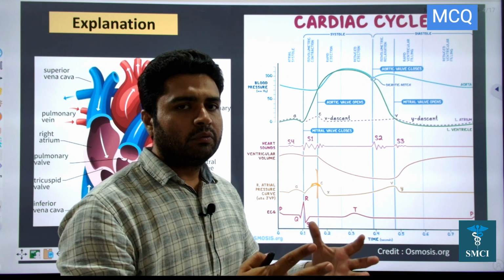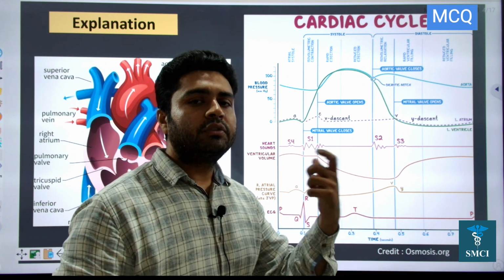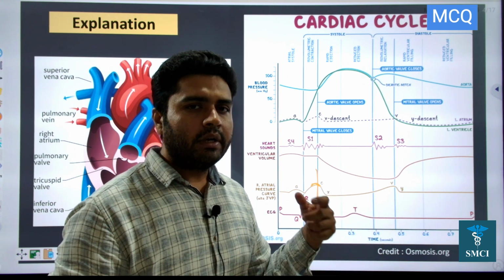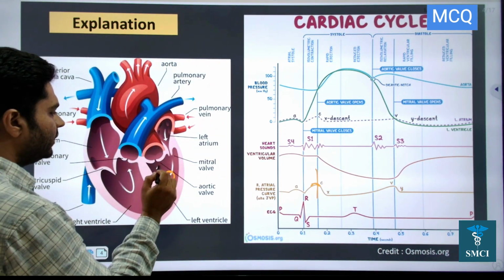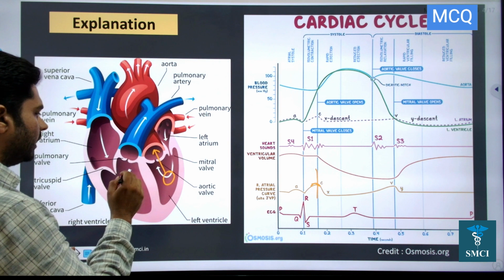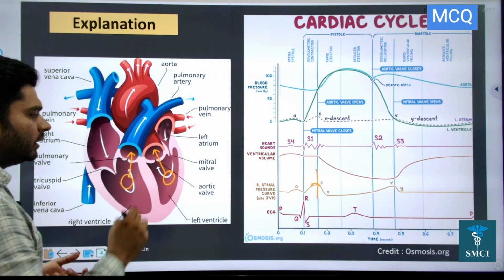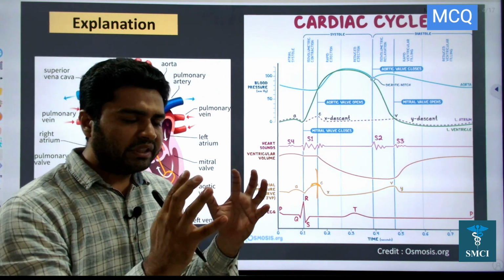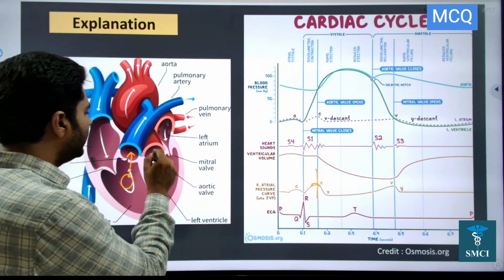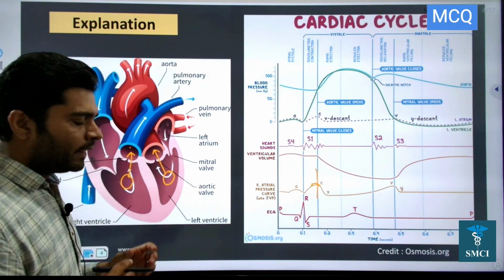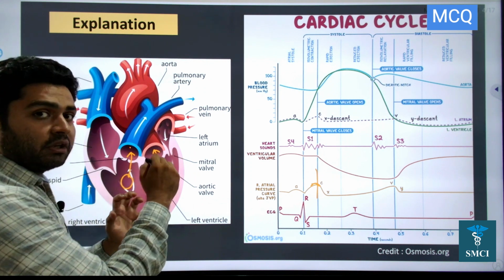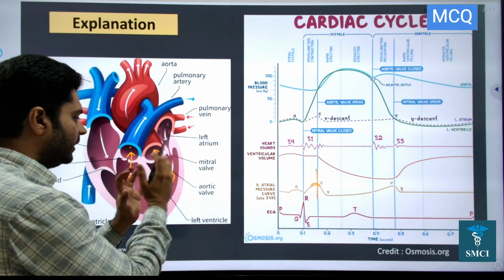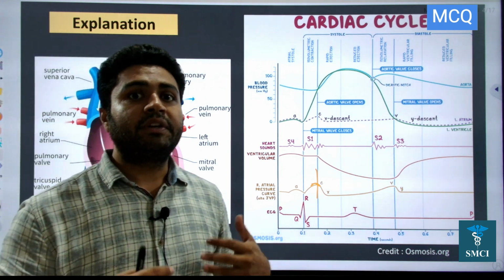The isovolumetric contraction is the opposite of the isovolumetric relaxation. When the ventricles need to pump blood into the aorta, or the right ventricle needs to pump into the pulmonary trunk, they need to increase their pressure above that of the aorta or the pulmonary trunk. So they are contracting, and as soon as the pressure becomes higher than the aorta, the isovolumetric contraction phase ends, and blood flows out.